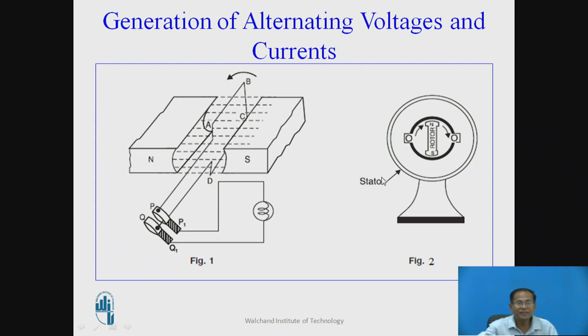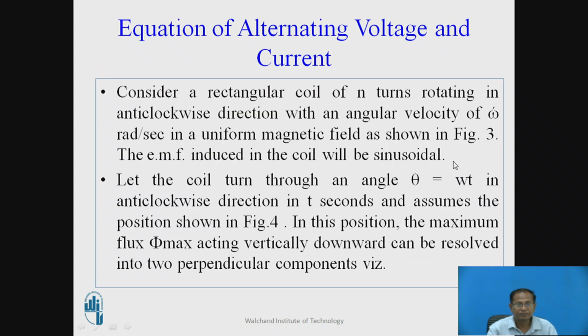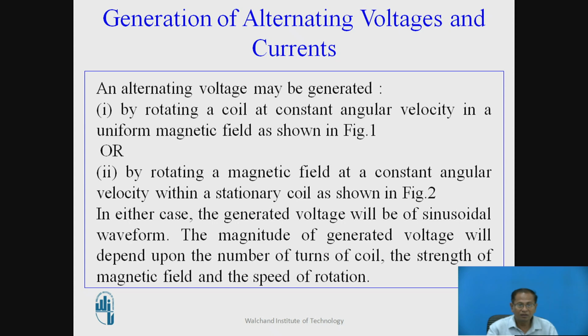So the main difference is that in the alternator the coil is moving and in the generator the coil is stationary. In both cases, the generated voltage will be sinusoidal, and its magnitude depends upon the number of turns of the coil, the strength of the magnetic field, and the speed of rotation.